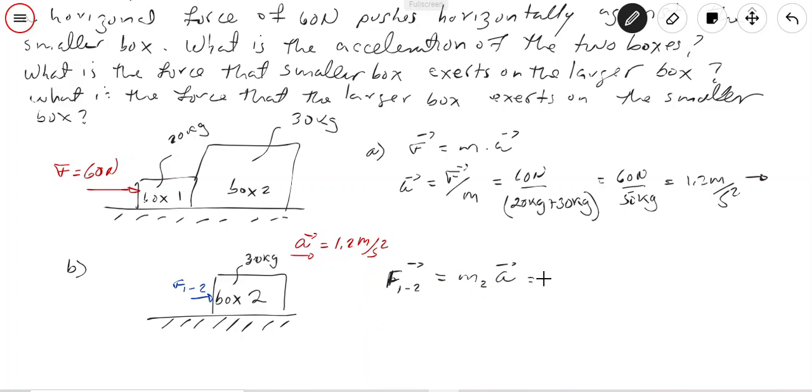So it's equal to 30 kilograms times the acceleration, which in this case is 1.2 meters per square second. So it would be 36 newtons to the right. So now we found the force that box 1 exerts on box 2.